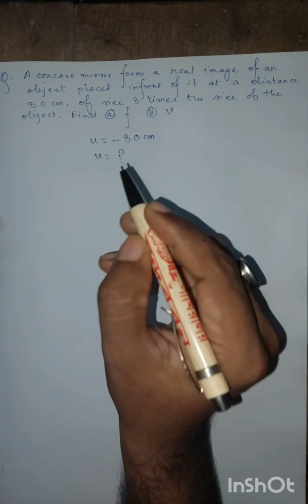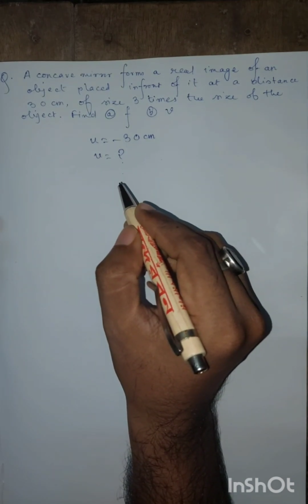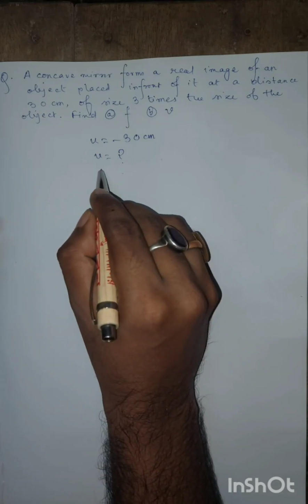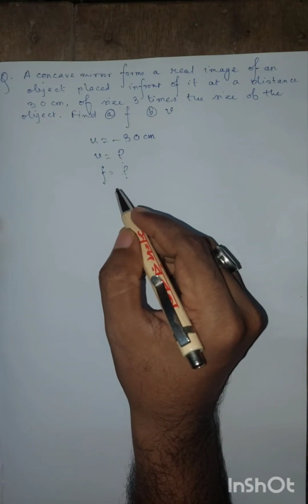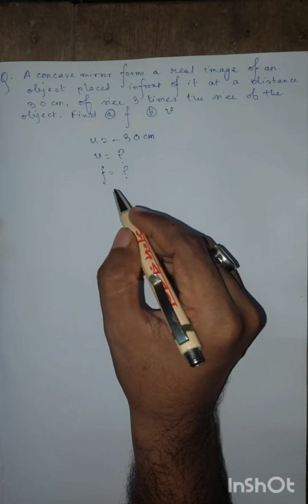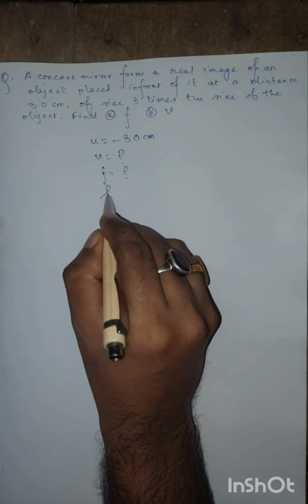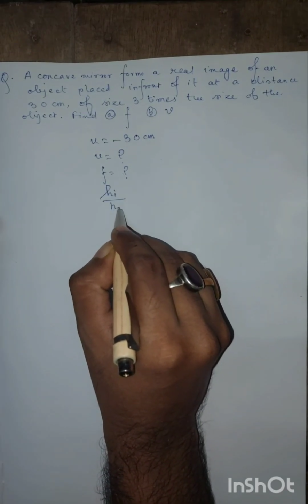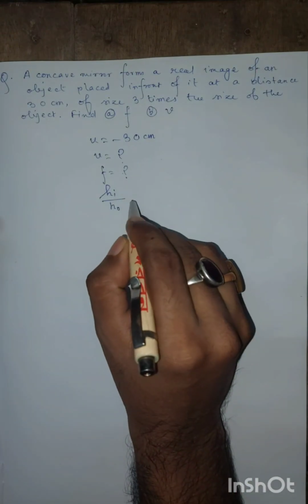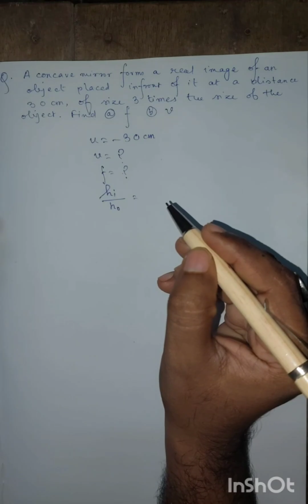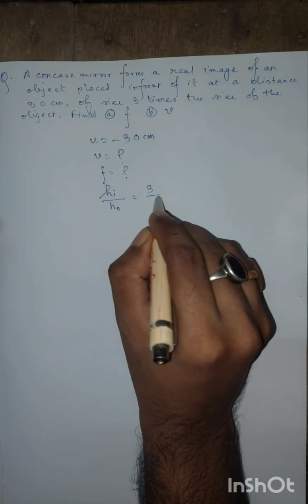We do not know V. Focal length we do not know. And hi by ho is 3 by 1.